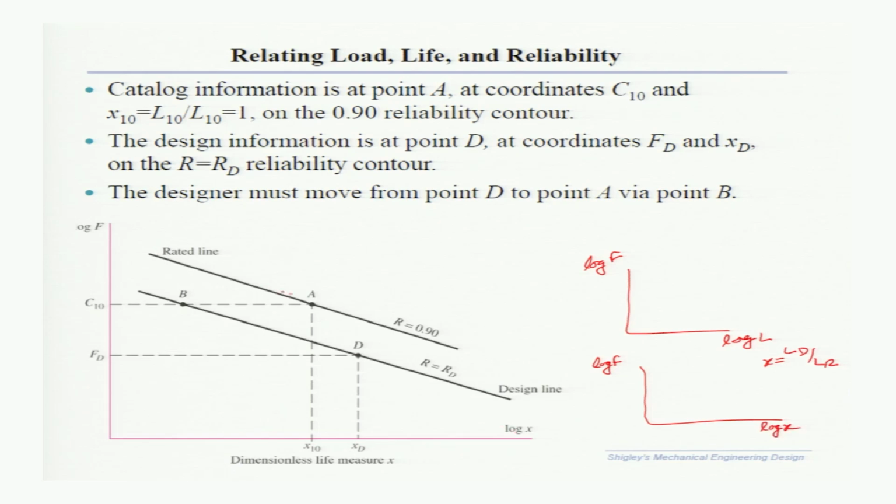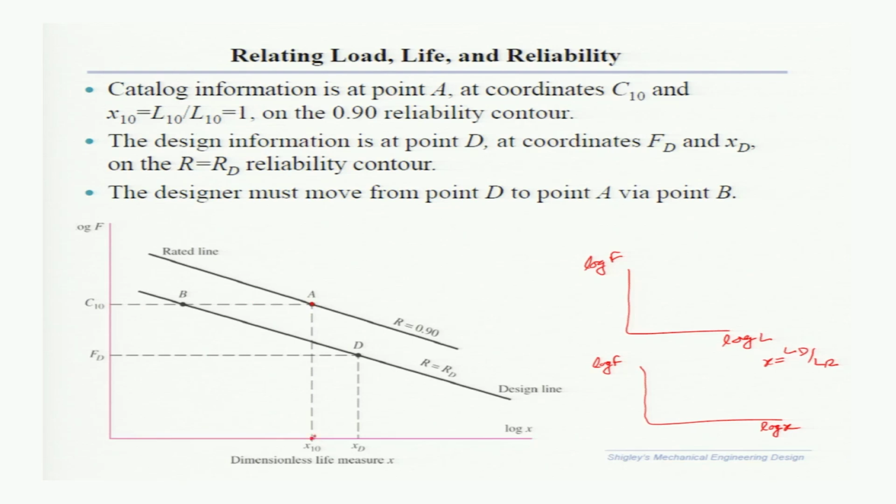So, the rated line will be the line corresponding to reliability equal to 90%, and the desired reliability line will be the line corresponding to which the reliability is RD. Okay. Now, the manufacturer's catalog information will be at A, the rated load and the rated life.